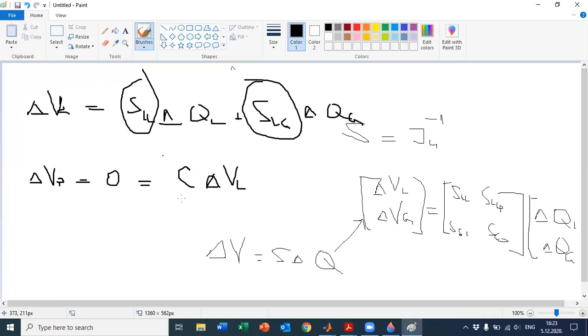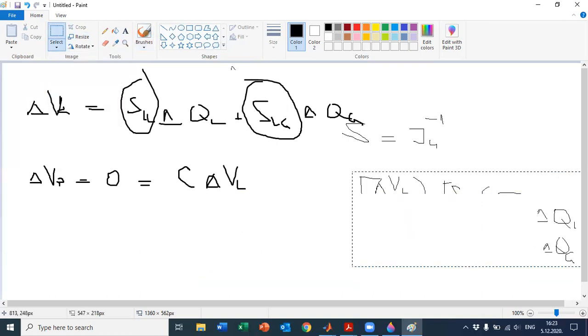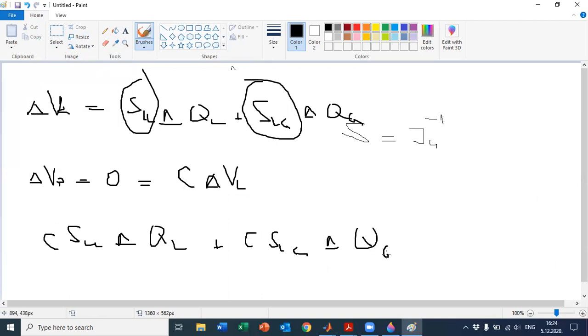If we multiply this equation with the C matrix, it yields C times SLL times delta QL plus C times SLG times delta QG is equal to 0.